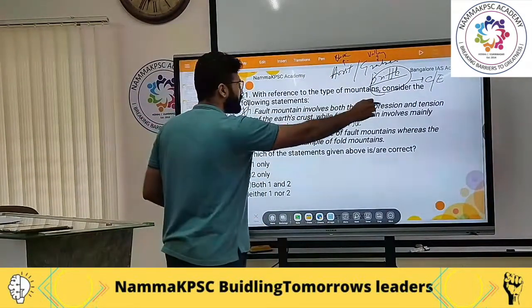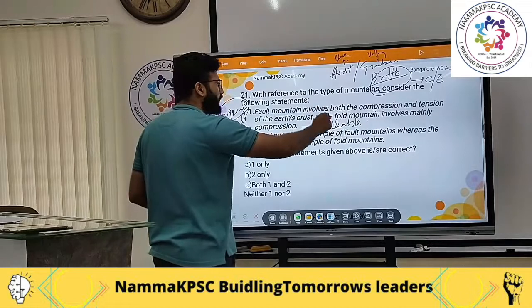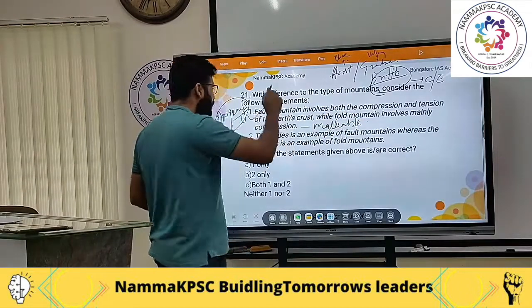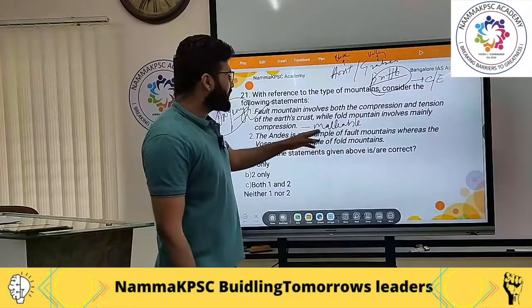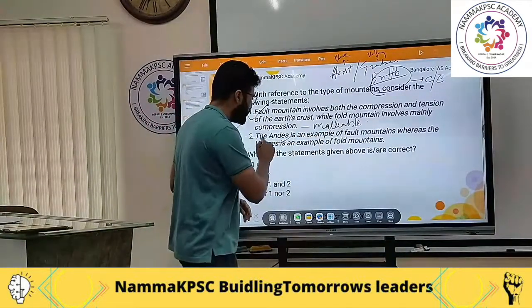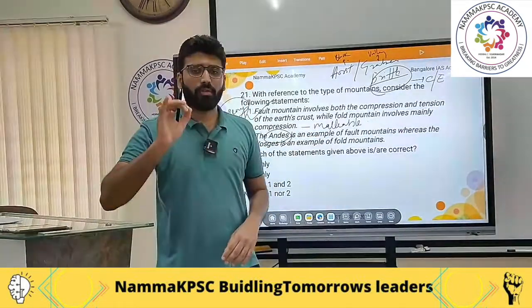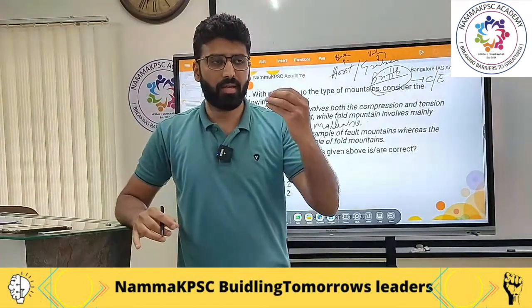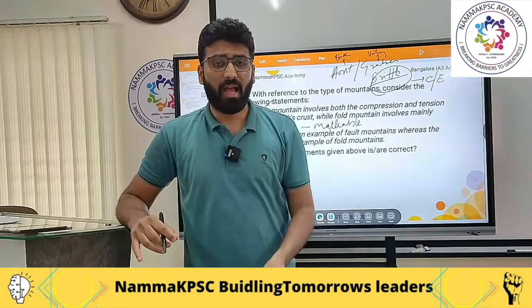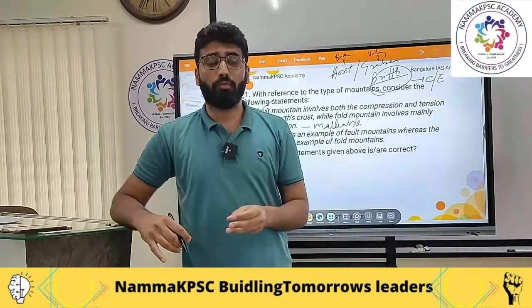So fault mountain involves both compression and tension, correct, while fold mountains involve mainly compression, also correct. Option 1 is true. The Andes is an example of fault mountains? No. All of the tallest mountains on earth, be it Andes, Rockies, Alps or the Himalayas, are all fold mountains.